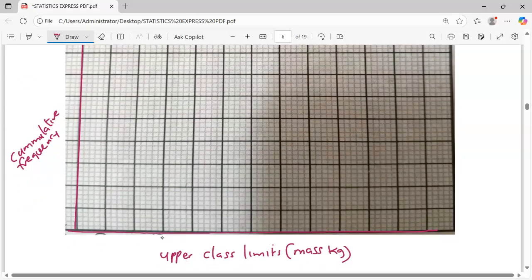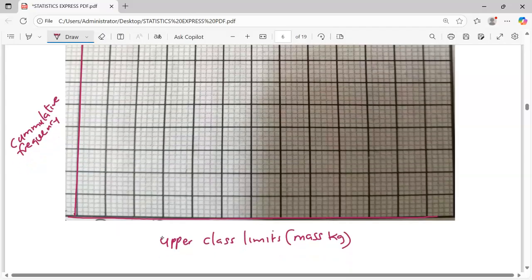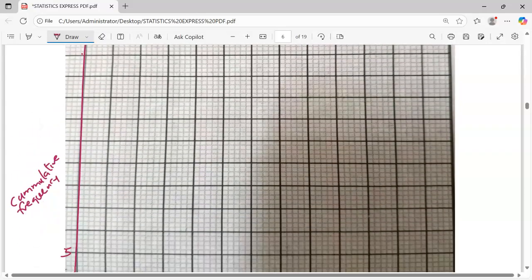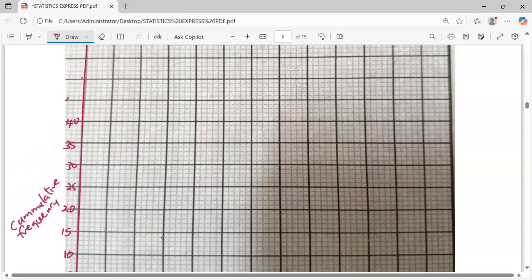Now we can mark our points on the grid. We are going to begin from 0. On the y-axis, we are going to use 1 centimeter to 5 units. Since the highest frequency is 50, we go 5, 10, 15, 20, 25, 30, 35, 40, 45, and lastly 50.